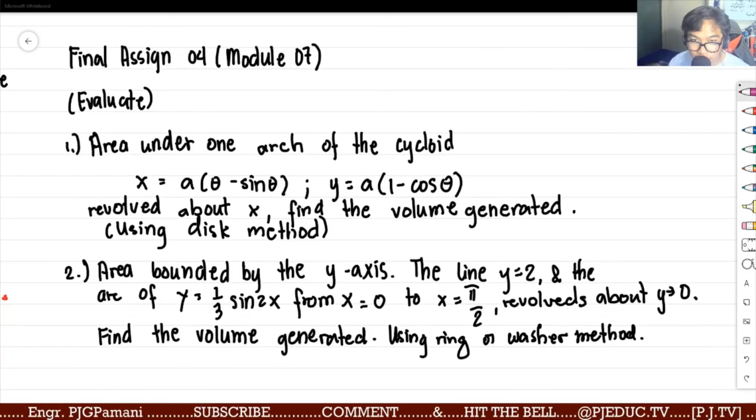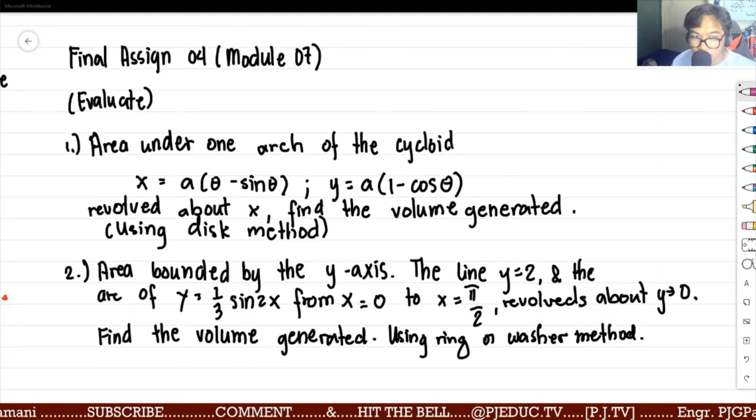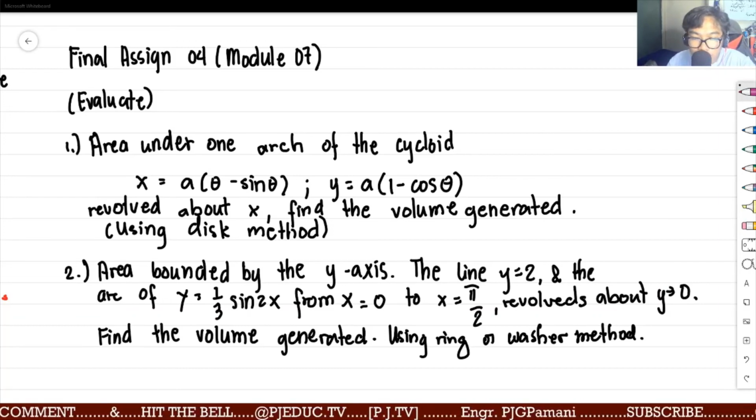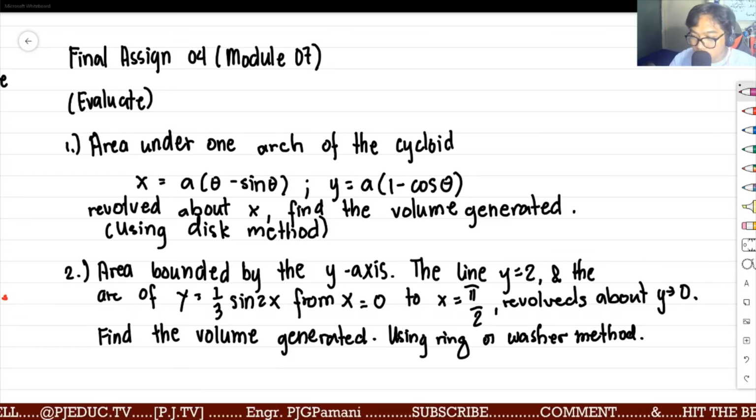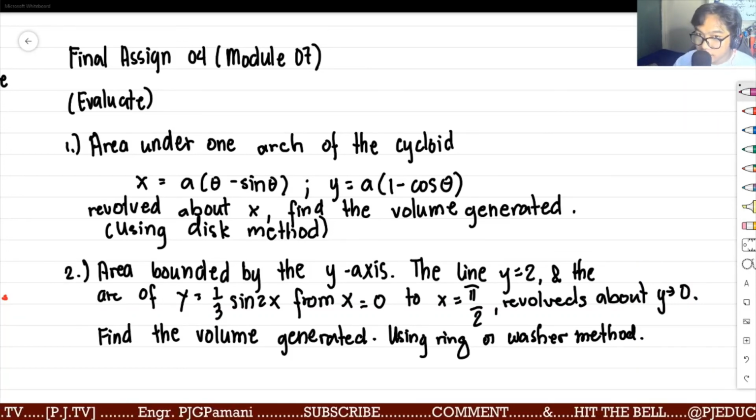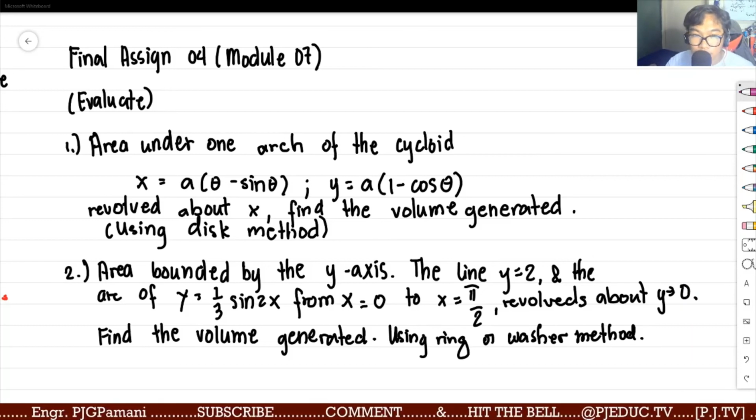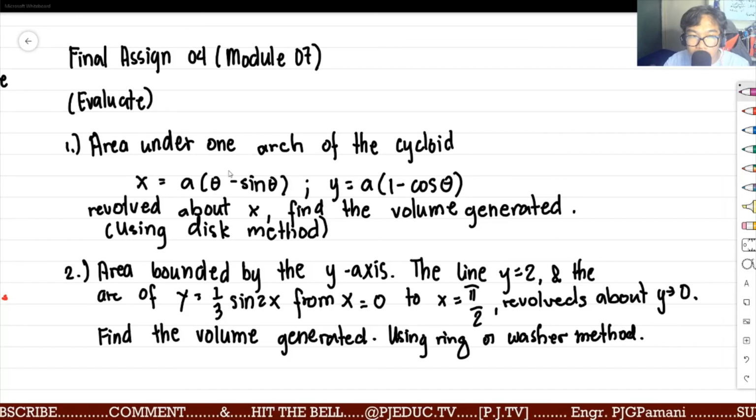So for your final assignment, number 4, this is now under module number 7, solids of revolution. This will be your evaluate section. Apply what we have just discussed today involving solids of revolution for these two problems. Problem number 1, area under one arch of the cycloid.